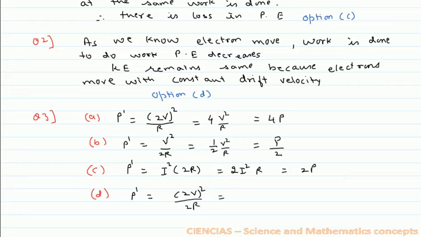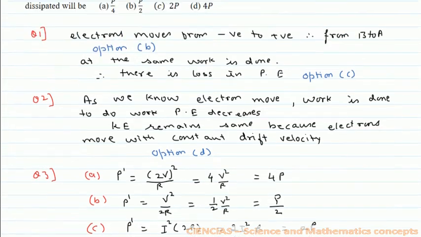So this becomes 4 upon 2 V square by R, that is equal to 2P. So we see the rate of production of heat is minimum in option B, that is P by 2. Therefore the answer for this part is option B.